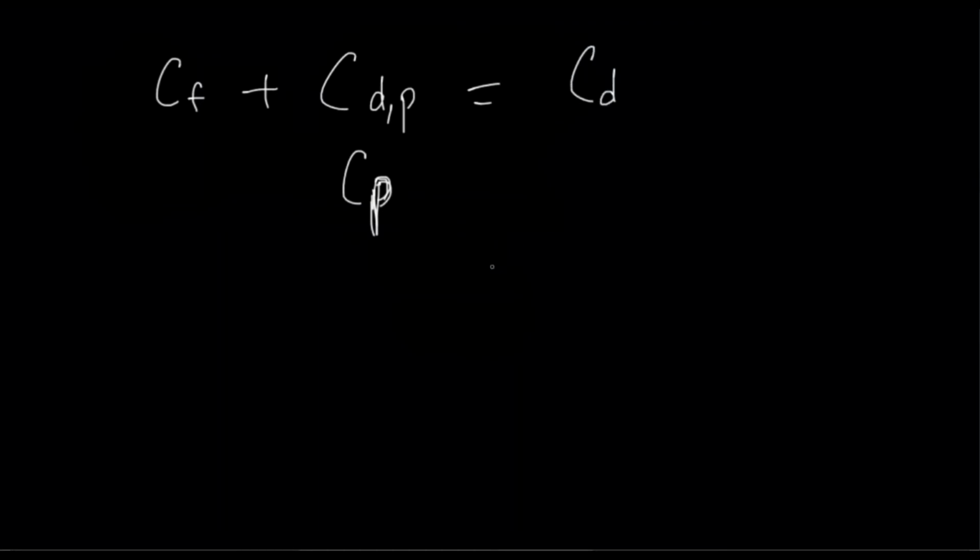Let me clear this page. Let me go back to white, and then skin friction we denote as C subscript F, plus drag due to pressure, which we denote as C subscript D,P, or you can probably just write CP, equals the total drag coefficient, which is just CD.